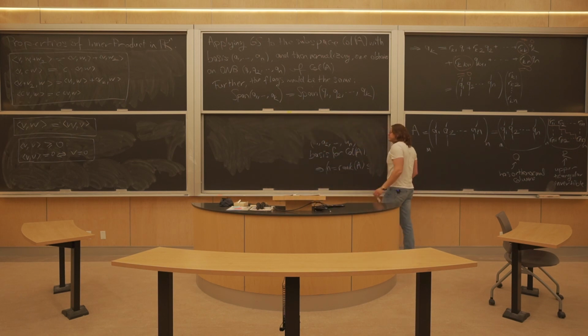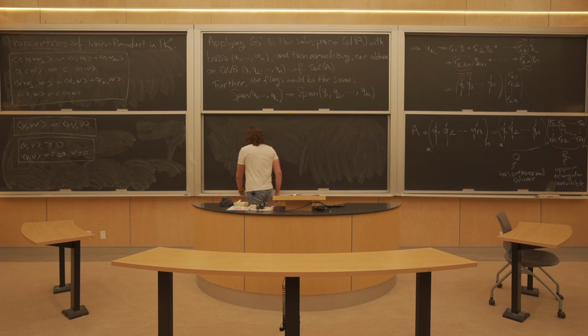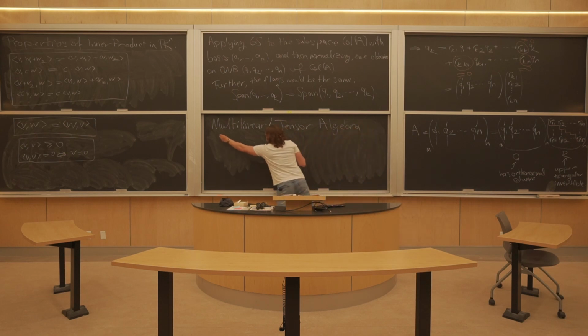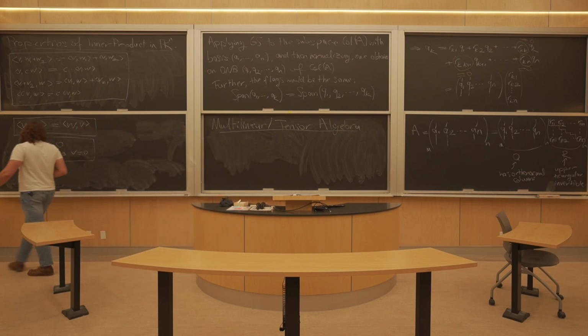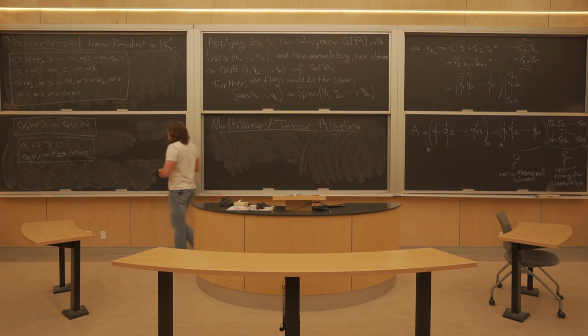And this is essentially the start of what is called multilinear algebra, or tensor algebra. And even when I'm using abstract vector spaces, I'm not going to write alpha for the addition and sigma for the scalar multiplication. I'm just going to use the plus notation and just write the number next to it for scalar multiplication.